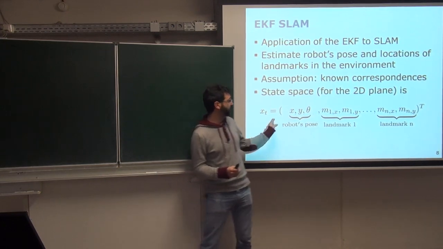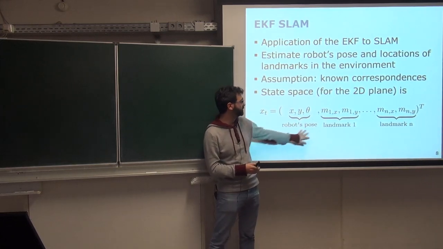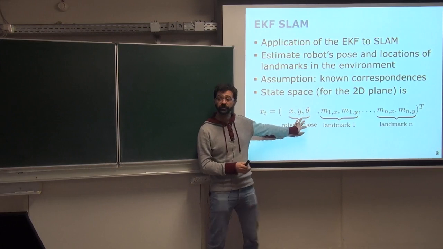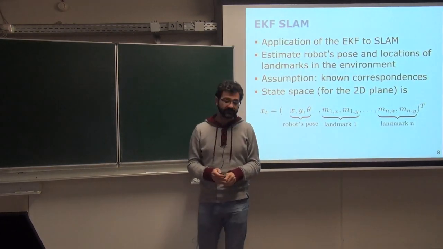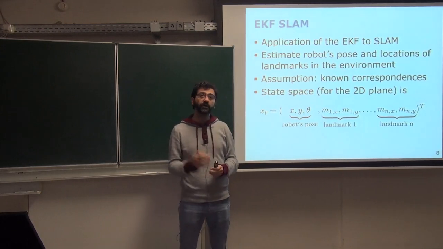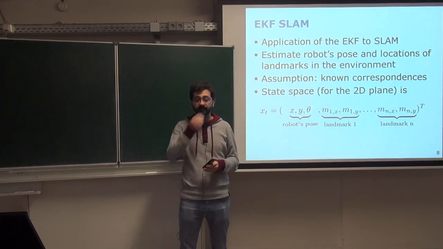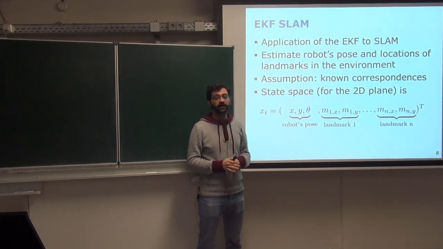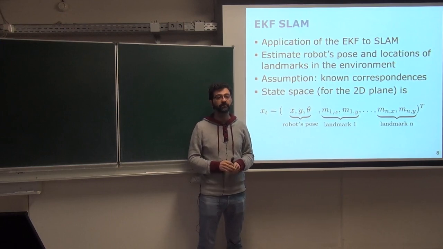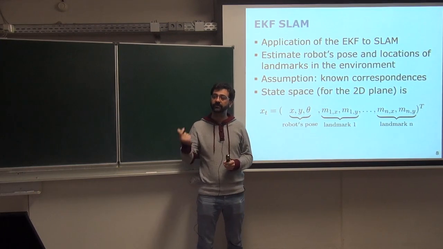Since we're doing SLAM, the first thing that we need to care about is that we have a part which is the pose of the robot, and we have a part which is the map of the environment. The Kalman filter in SLAM has been applied to one main map representation, which is what's called the landmark map. The idea here is you have a set of locations in the world, called landmarks, and you only estimate the position of these landmarks with respect to the world frame.